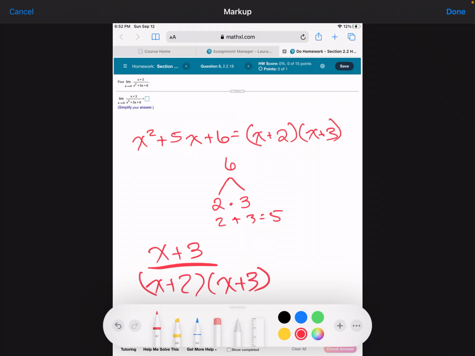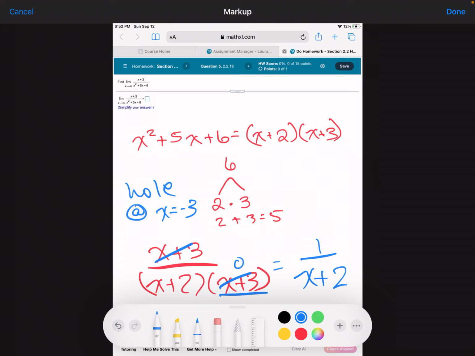All right, now notice that these actually divide out, and it looks like this. So what this means is that there's a hole in the graph at the one that got canceled out. So notice if x is -3, that would make this 0, which would give us a 0 in the denominator. So there's actually a hole there. It doesn't exist there.